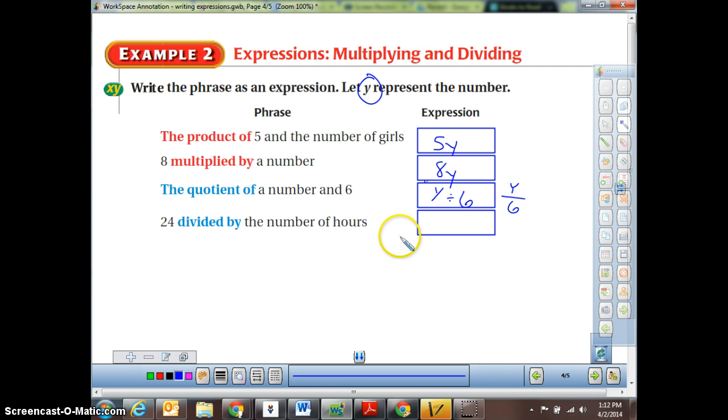Either one would be the same thing. And 24 divided by the number of hours. So 24 divided by y, or again, you could write 24 over y. All right. So again, watch the order.